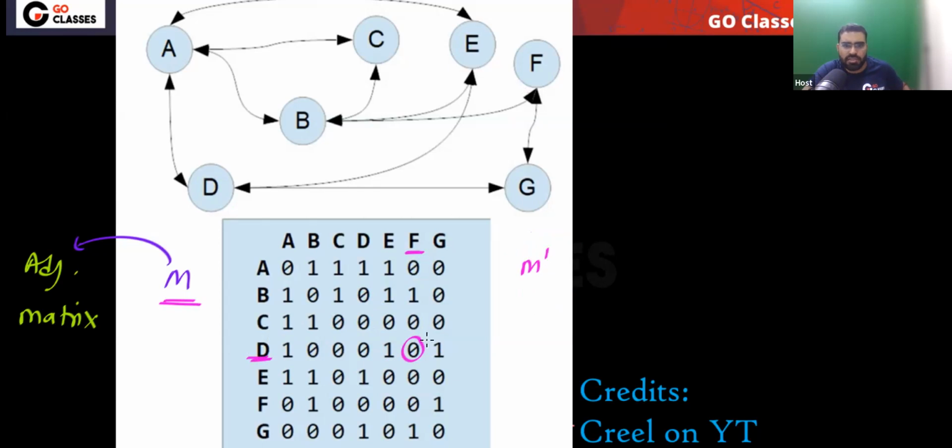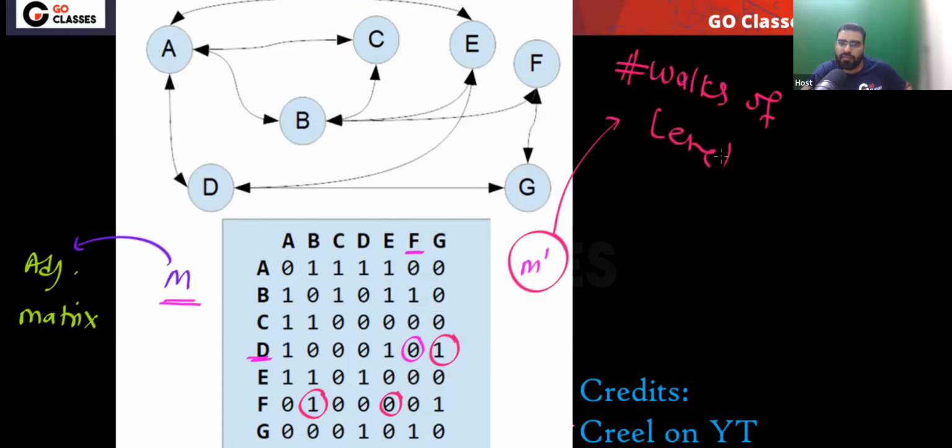Okay, but you can notice that between D, G, there is a walk of length 1 from D to G. Similarly, from F to B, there is a walk of length 1 from F to B. And from F to E, there is no walk of length 1. So this is your table. This table, basically this m power 1, gives you the number of walks of length 1 between every pair of vertices.